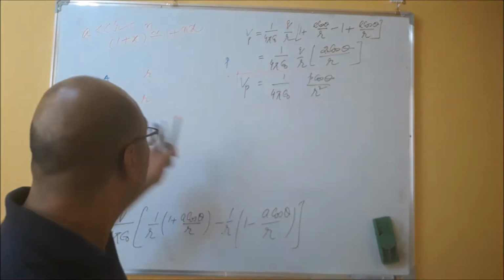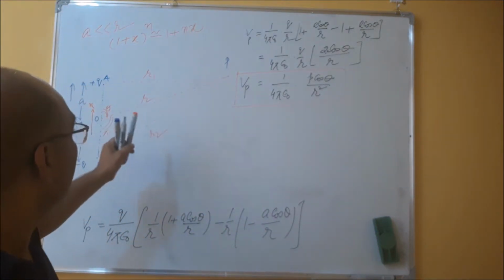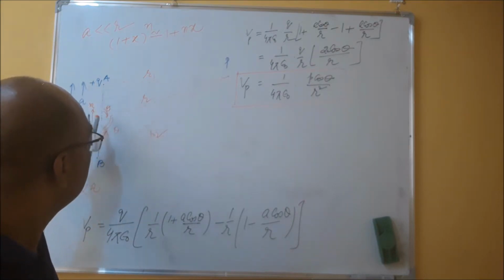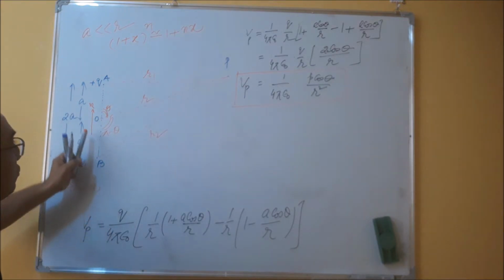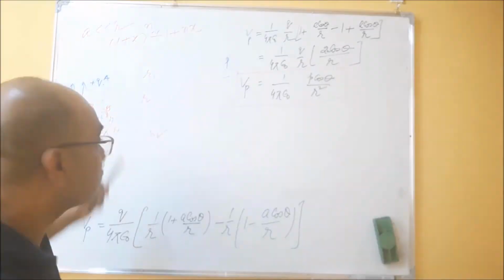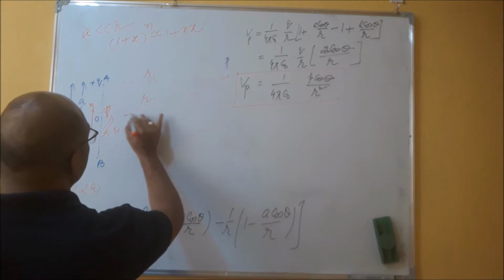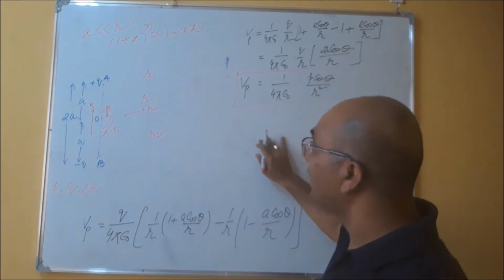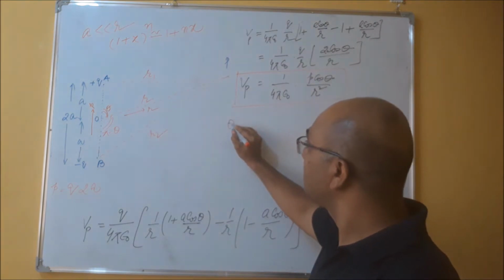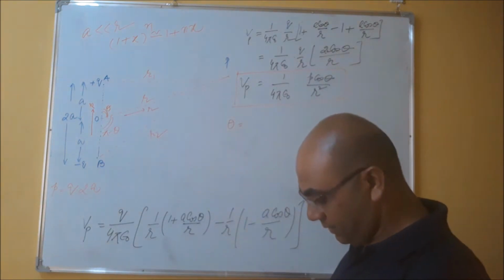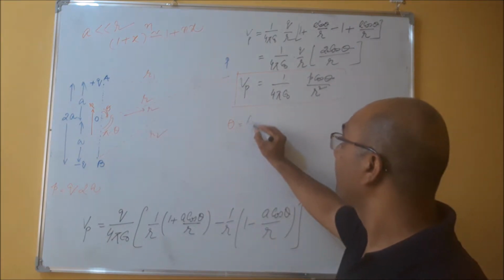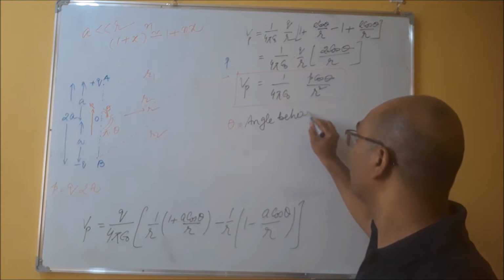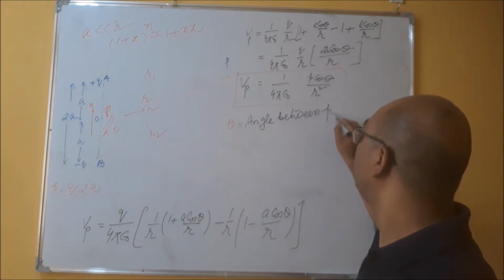What is theta? Theta is the angle which it makes from the direction of p. You see, this is the direction of p, and this is the direction of r. So in other words, I can say that theta is the angle between p and r.